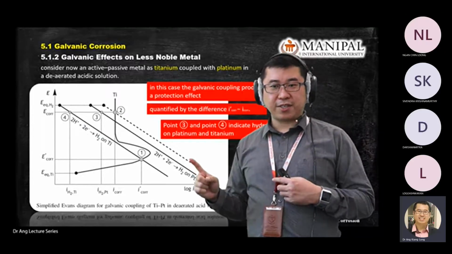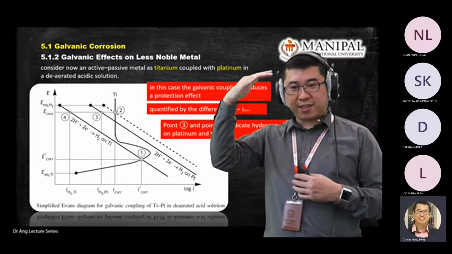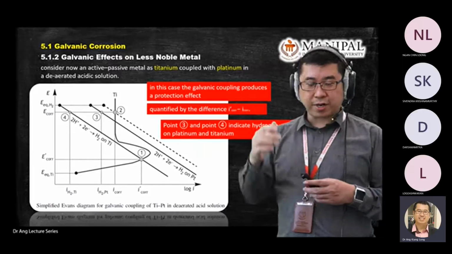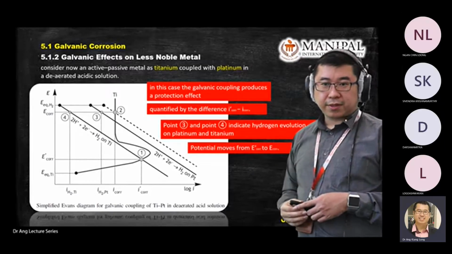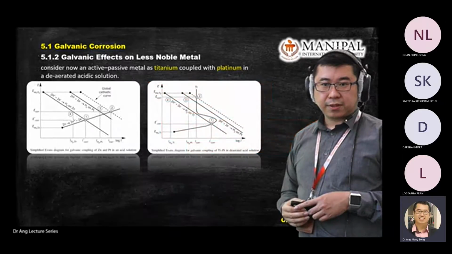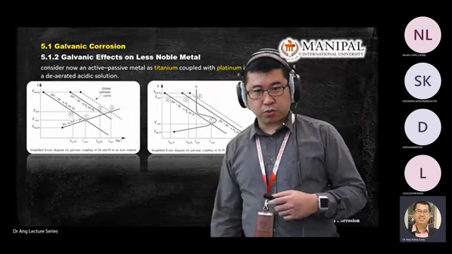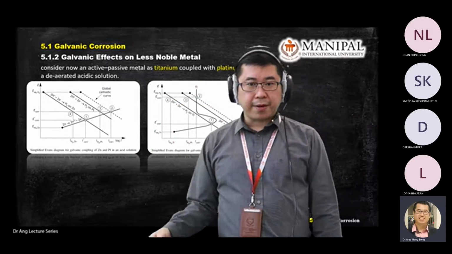How you get H2 gases at the higher nobility or cathode. So these are the two graphs that I think are the same size as your tutorial, quite small, but they explain the concept. All right.